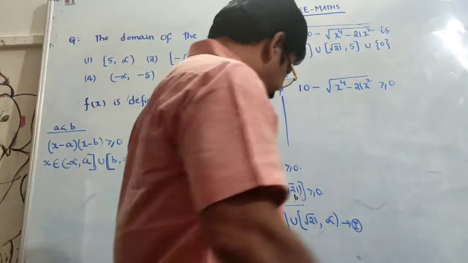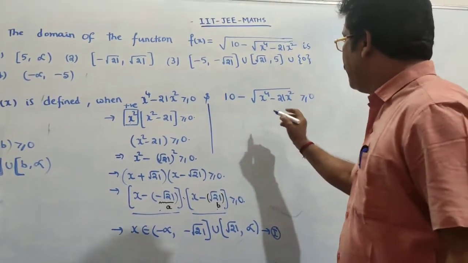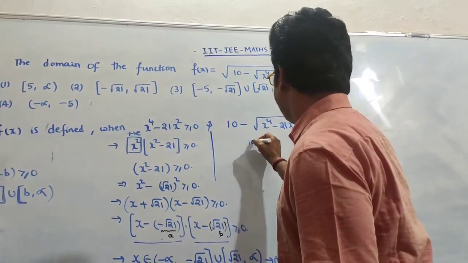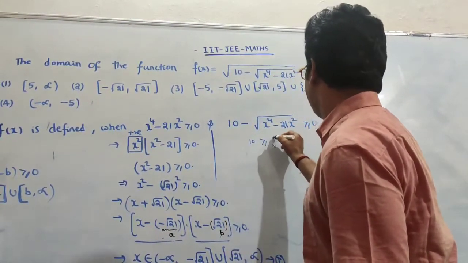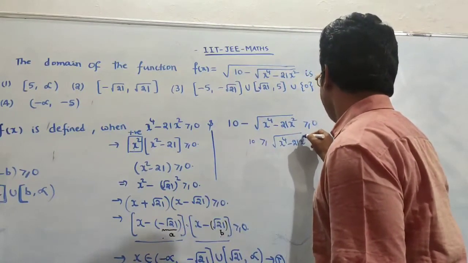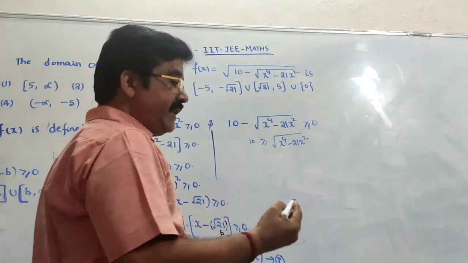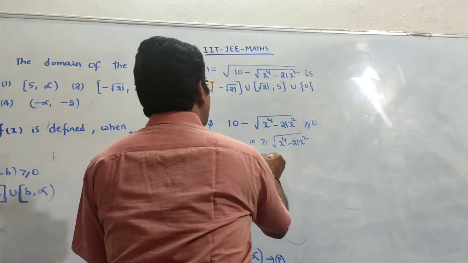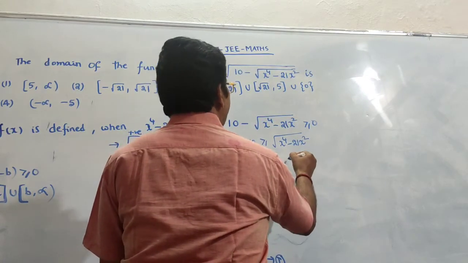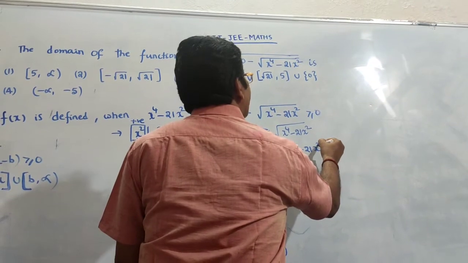Next, in the second main condition, 10 should be greater than or equal to √(x⁴ − 21x²). Squaring on both sides for our convenience, 10² means 100 ≥ x⁴ − 21x².